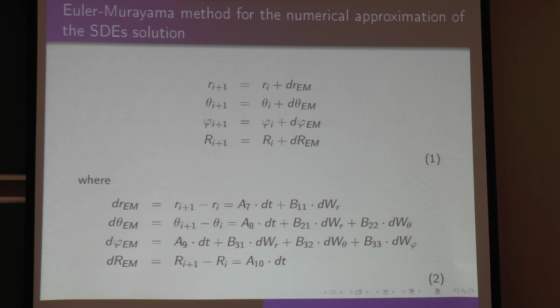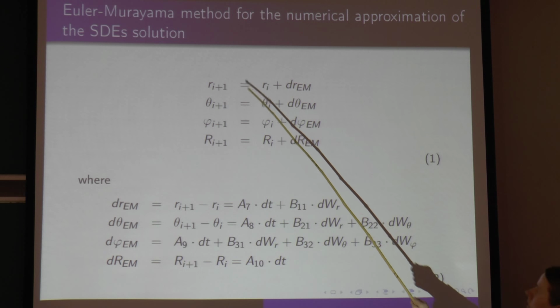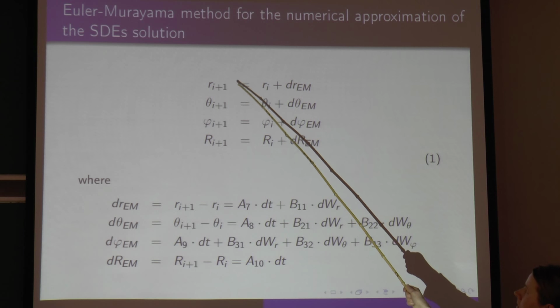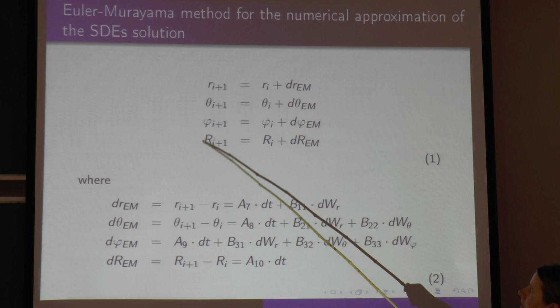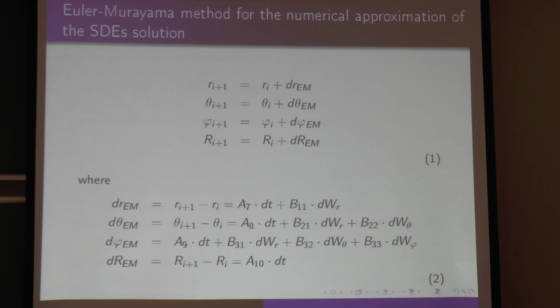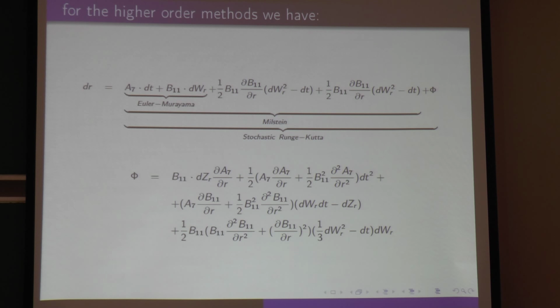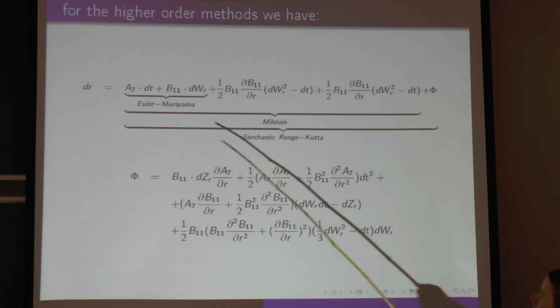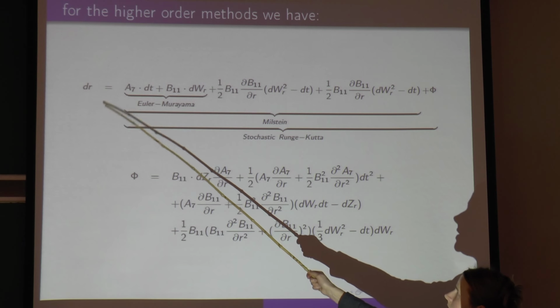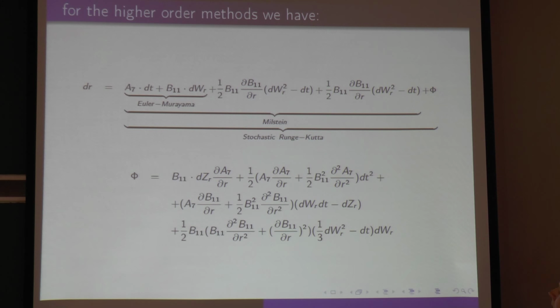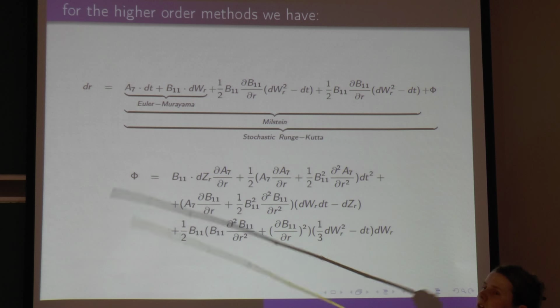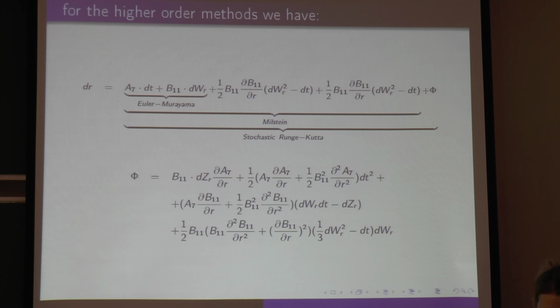For the Euler method we obtain trajectory versus time in radial distance, heliolatitude, heliolongitude, and for energy. And for higher order methods, we obtain trajectory versus radial distance for Euler, Milstein, and stochastic Runge-Kutta, and a similar procedure is done for heliolatitude and heliolongitude.